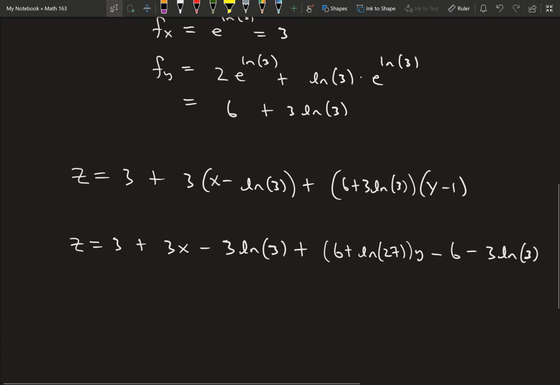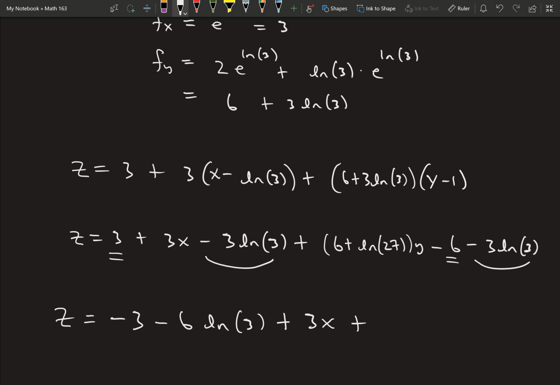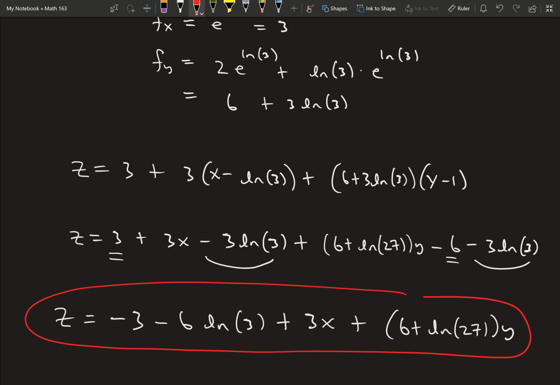Okay, we can merge this 3 and this 6, so we get z is equal to minus 3. And then we can merge this minus 3 ln of 3 and this minus 3 ln of 3 to get a minus 6 ln of 3, plus 3x, plus the quantity 6 plus ln of 27 times y. And that is our final answer here.